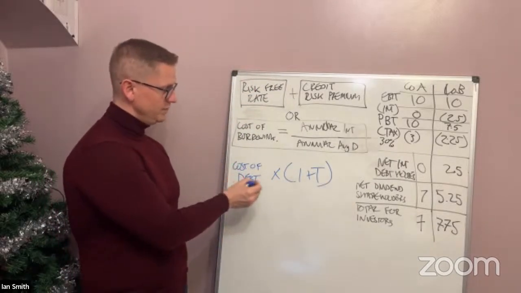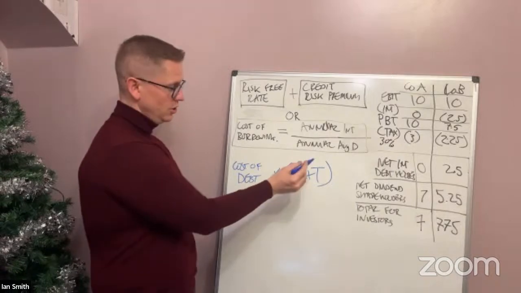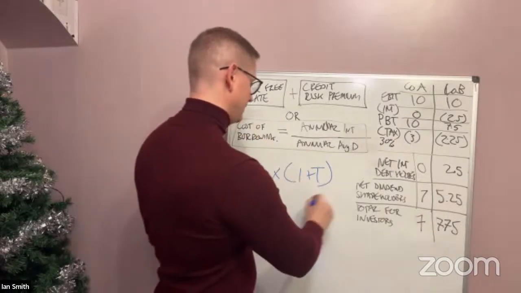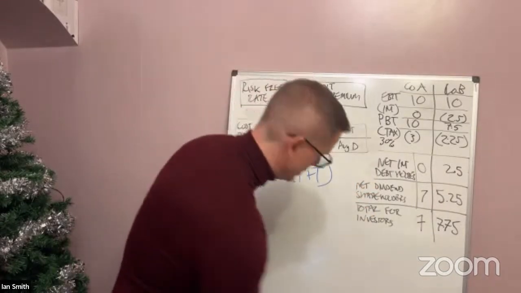Then, once we've got to this stage, we multiply this by, we can rub that off now.